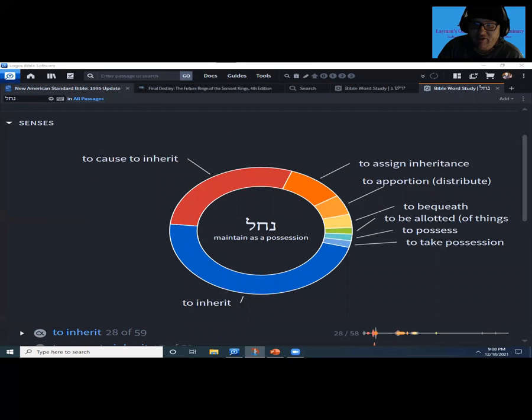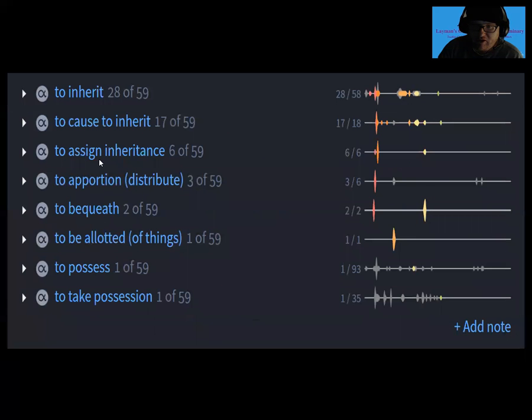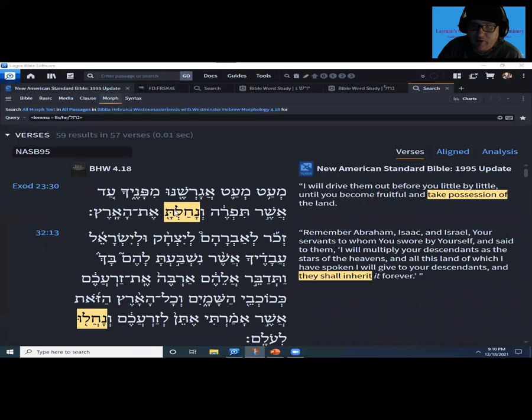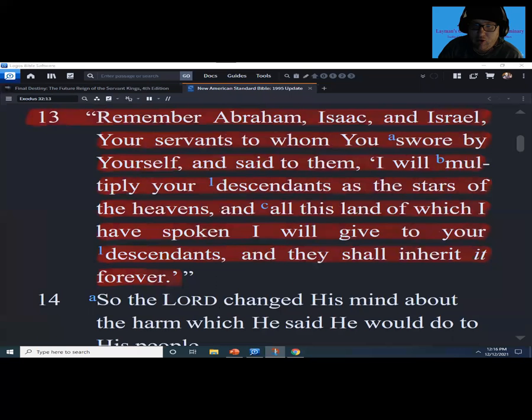Okay. And this is nakal: to cause to inherit, to assign inheritance, to a portion, to bequeath, to allot, to possess, take possession. And here are those ranges of meaning right here. And the first reference of it in the Hebrew Bible is Exodus 23:30, where we're at.